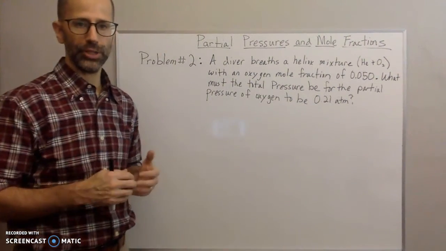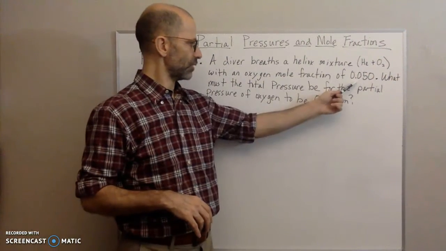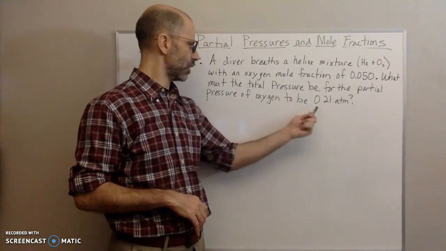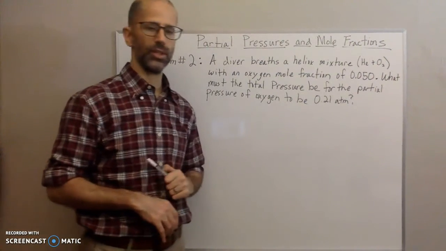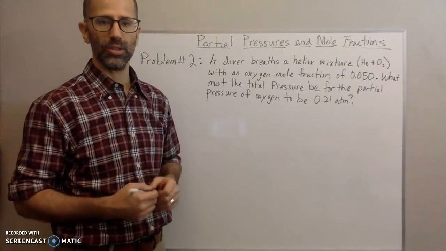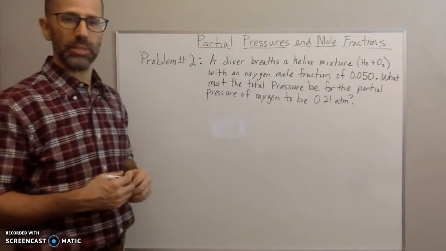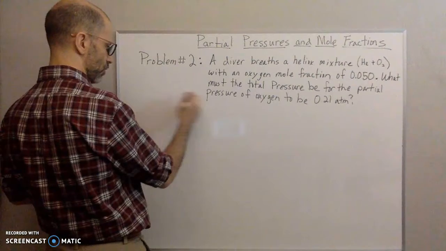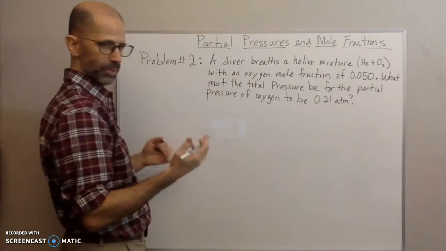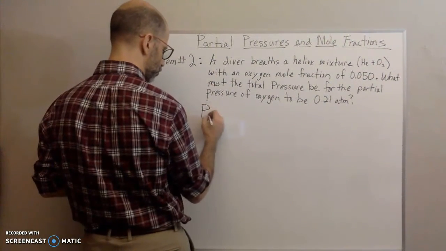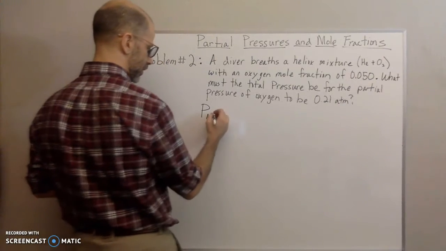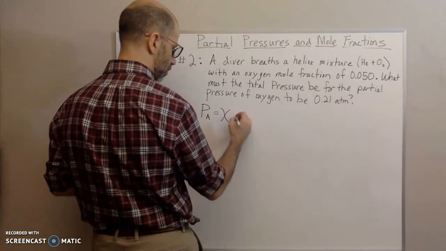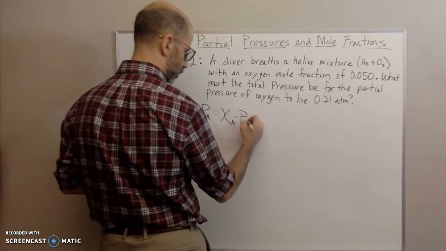So they want the total pressure. They give us the mole fraction of oxygen, and they told us, okay, what if the partial pressure of oxygen is 0.21 atmospheres? Okay, what is the total pressure? So this is actually going to be a really easy problem, because if you remember the law or the equation, the partial pressure of some gas A is equal to the mole fraction of A multiplied by the total pressure.